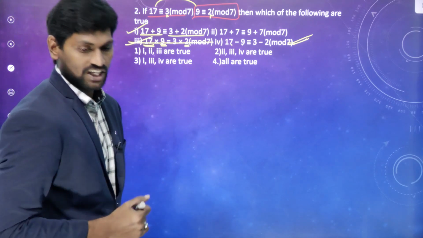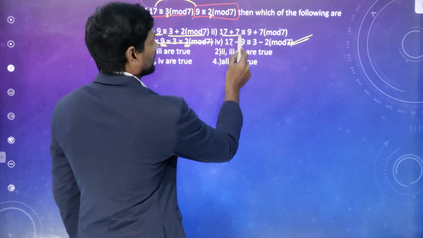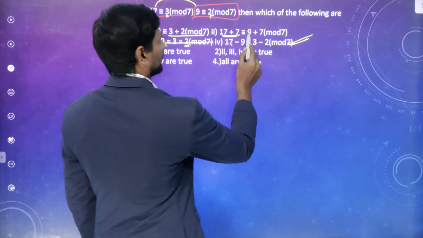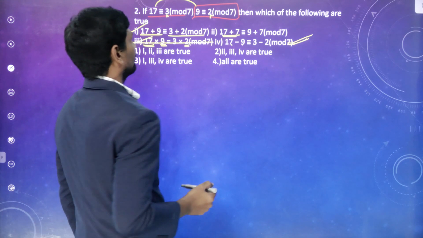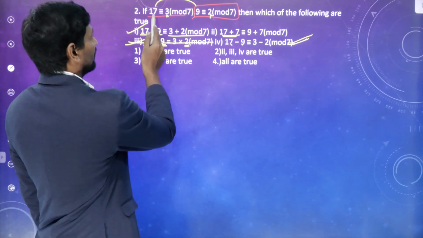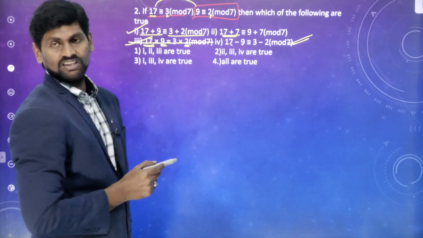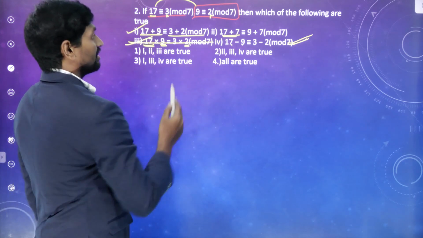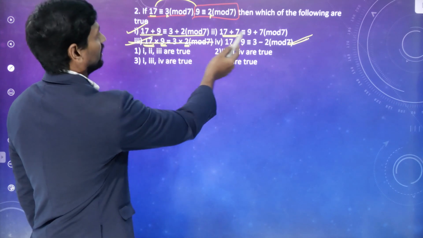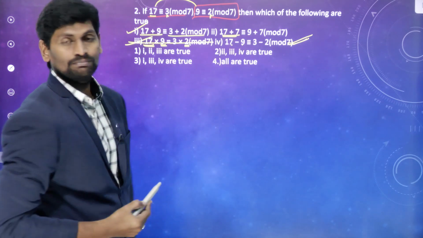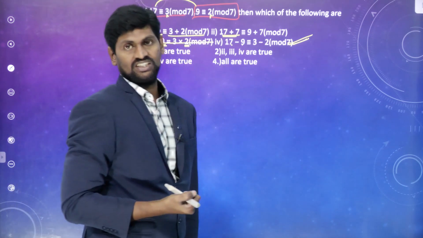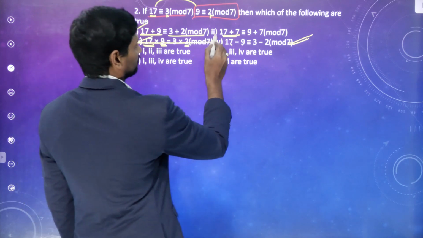And let us see the second one. 17 plus 7, one constant we are adding, is equal to 9 plus 7. But check here: 17 plus 7 is 24, and 9 plus 7 is 16. 24 minus 16 is not possible.